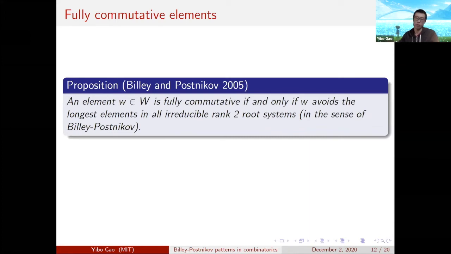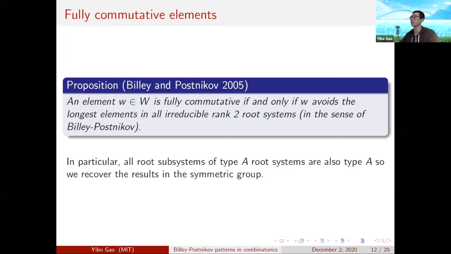So basically, this is something that you can characterize by Billey-Postnikov patterns. All the root subsystems of type A are also type A. So in terms of the symmetric group, it just means that you are avoiding the longest element in type A2, which is the longest permutation of 3 elements, which is 3 2 1.